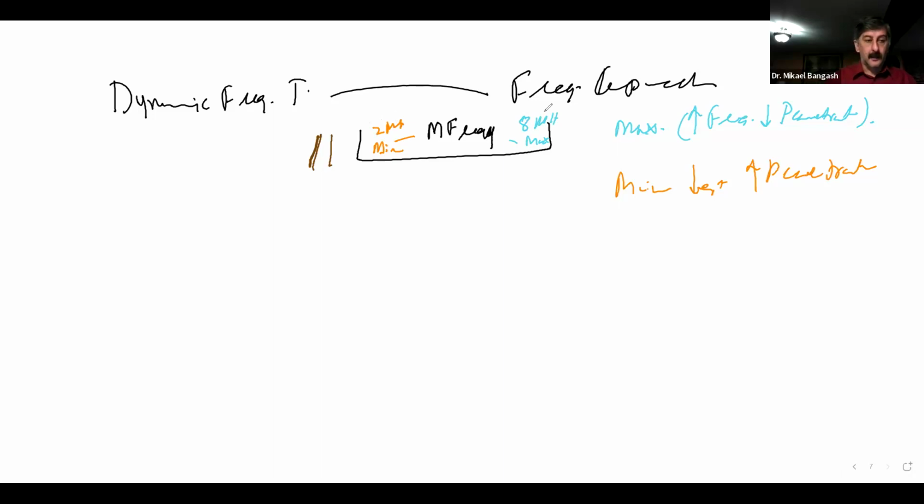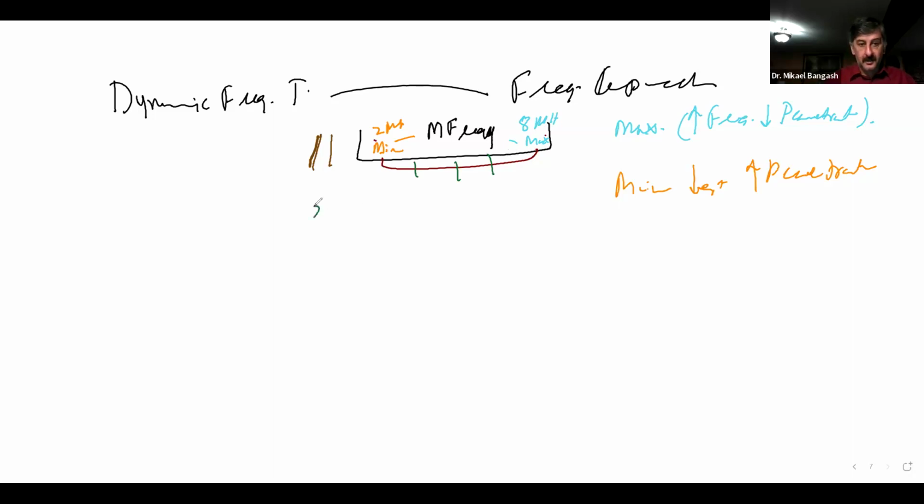Now let's just say I have a bandwidth of 6 megahertz, but that's not the point here. The point is that from the minimum frequency to the maximum frequency, we can divide this bandwidth into sub-frequencies of 2 megahertz.